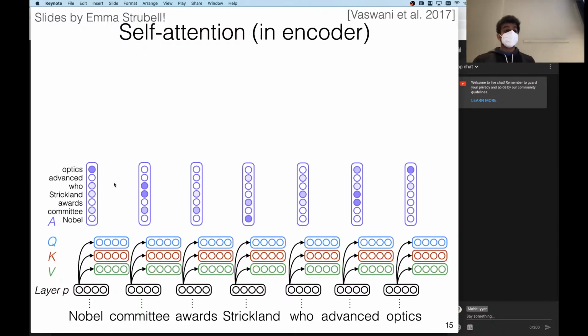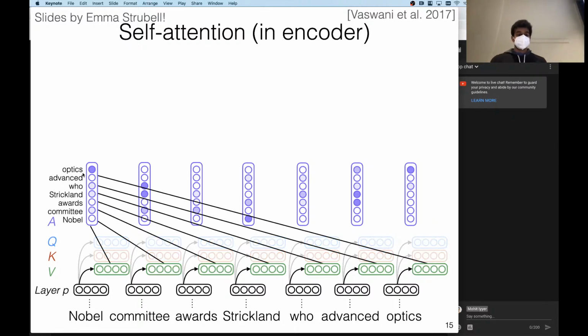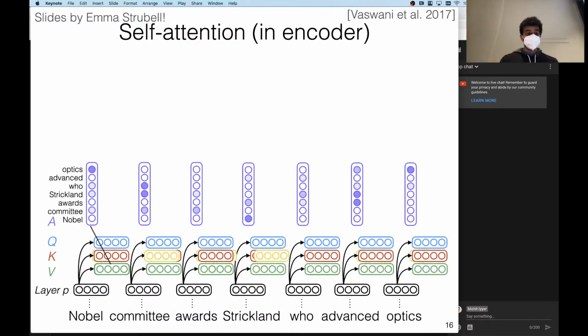So now we're going to use this distribution to compute the weighted average of the value vectors, right? So we do something like this, right? Where we use these weights, where this weight here might be the weight of Nobel, this weight up here might be the weight of optics. We compute this weighted average of the value vectors.